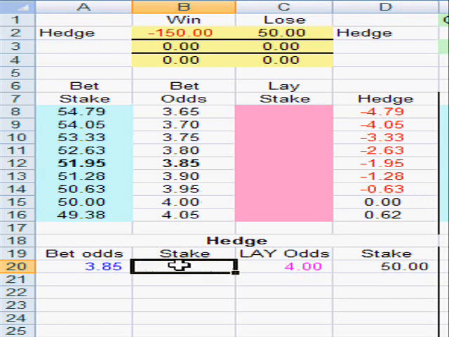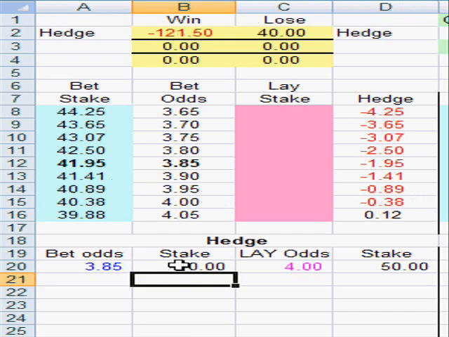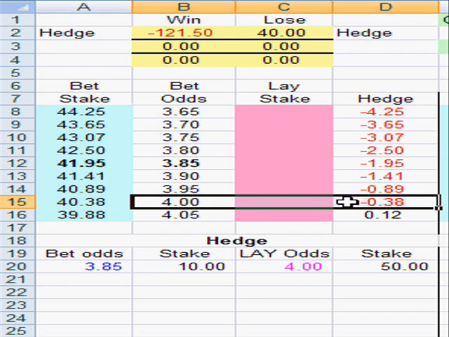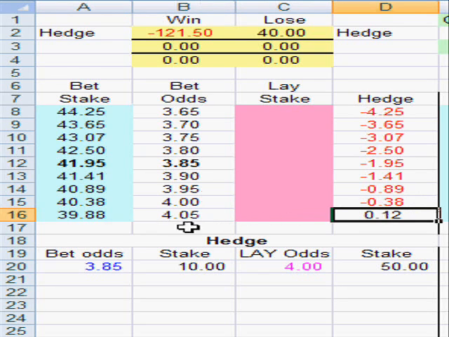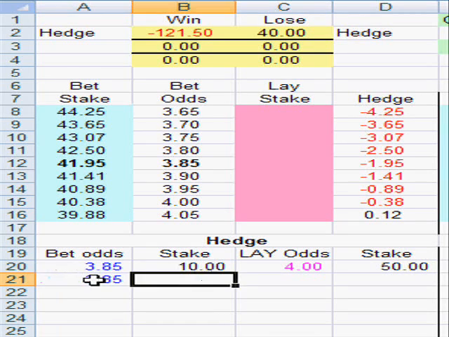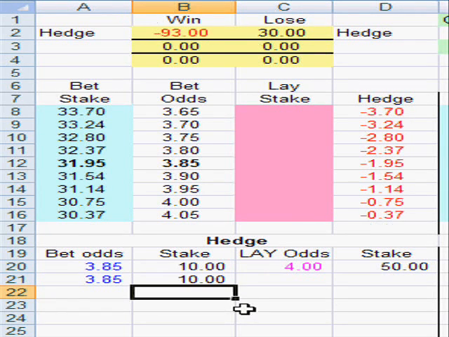So we'll put a £10 stake in at 3.85, and now look, the break-even odds have gone from 4 up to 4.05. If we put another one in, 3.85 for £10, you'll see this will disappear off the screen now. That will become red. There we are, look.